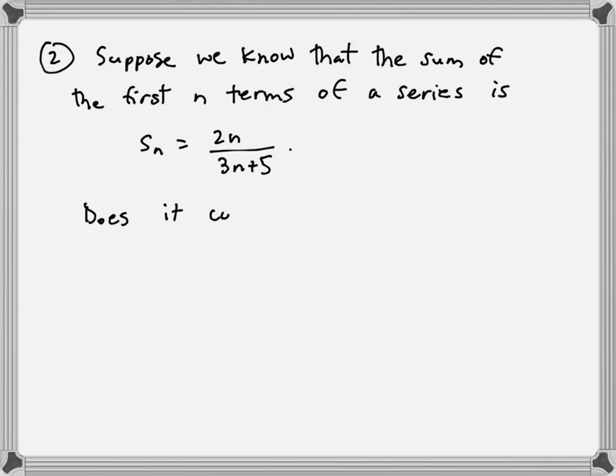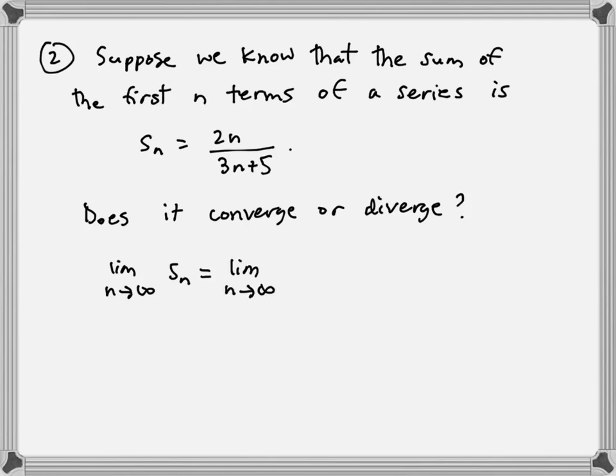Does it converge or diverge? Well, you just have to take the limit as n goes to infinity of Sn. In this problem, they actually gave us Sn because they didn't give us the sigma. They just straight up gave us the Sn.